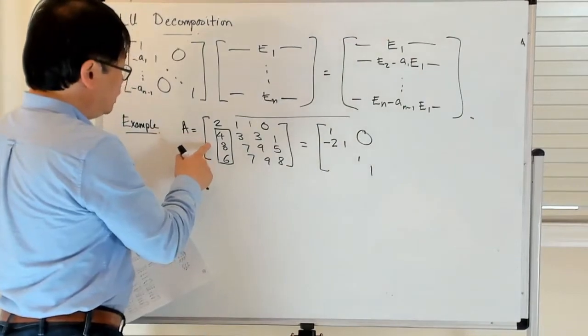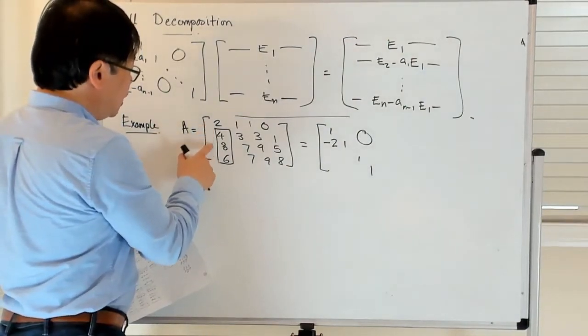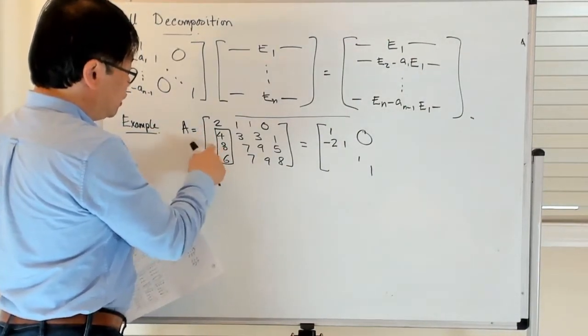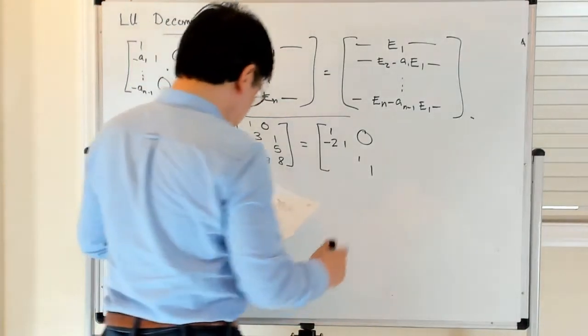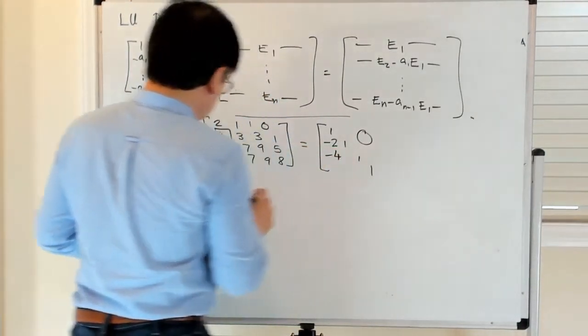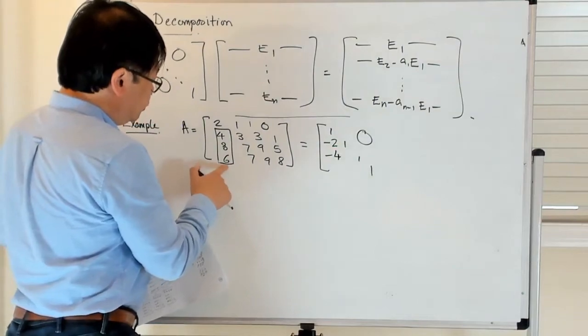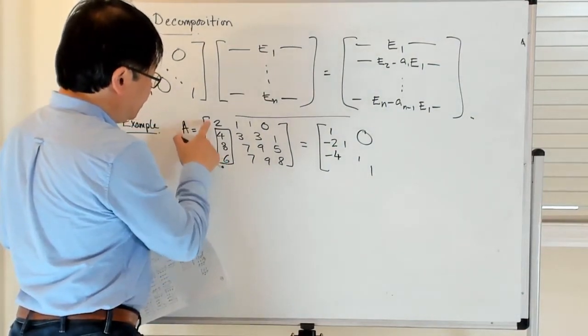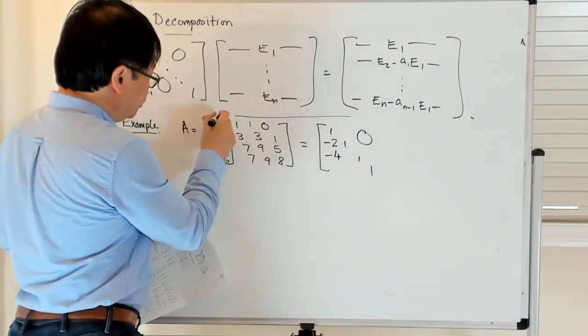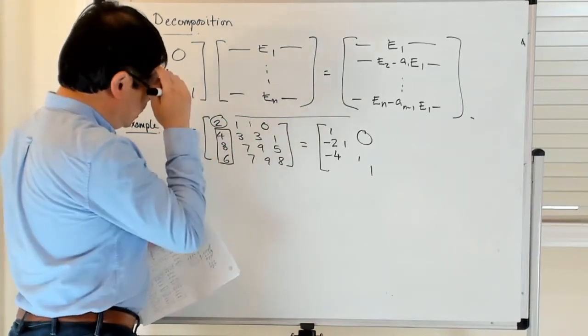Okay, and minus 4 times equation 2 added to the third row will zero out the 8. And more or less what you do is you take that coefficient 6, you divide it by this entry 2, and you put a minus sign to that. So that's a minus 3.